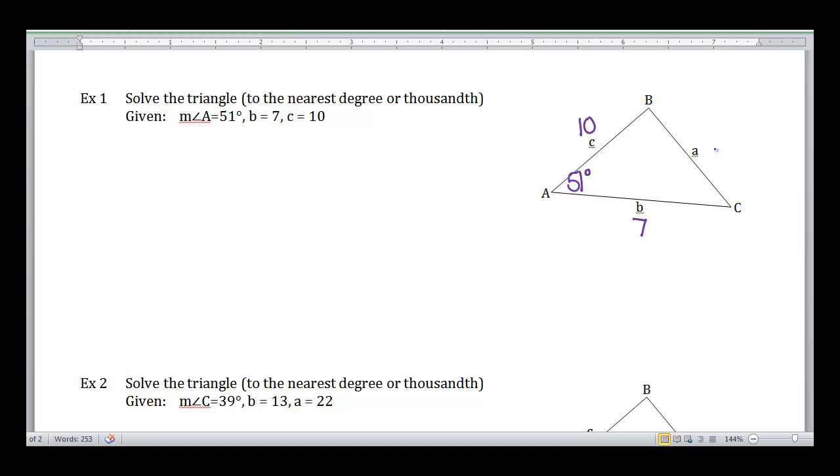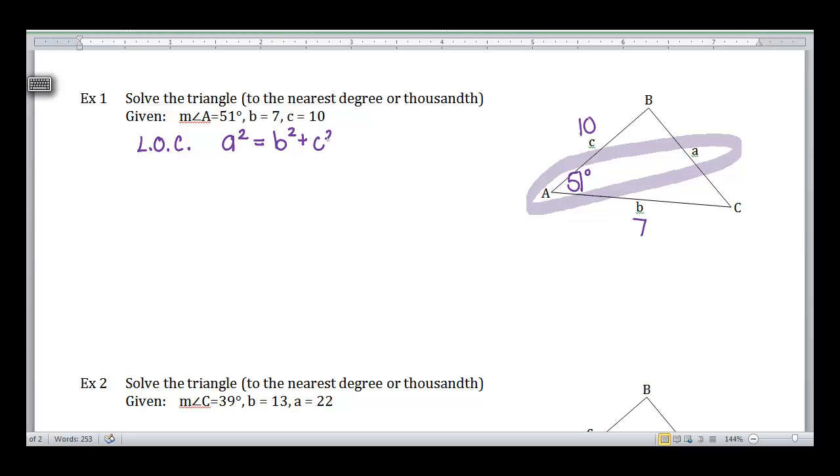So then next I'm starting to think about law of cosines. Since angle A is the angle I know, to eventually be able to do law of sines, I need to first solve for side A. And so that means I need to use the law of cosines, where A squared equals the other two sides squared and added together, minus 2 times the other two sides times the cosine of angle A. So let's go ahead and plug in what we know.